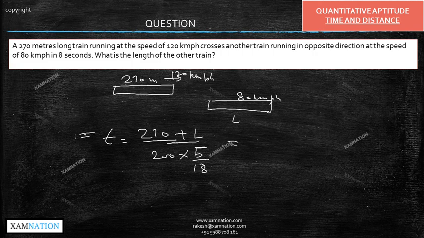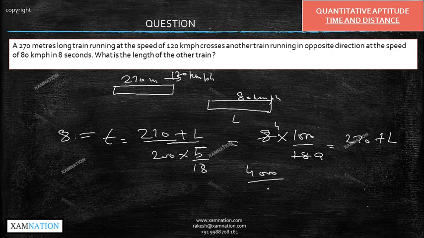And this time is 8 seconds. So it becomes 8 into 1000 upon 18 equal to 270 plus L. Fine. So now we have 4,000 upon 9 equal to 270 plus L.